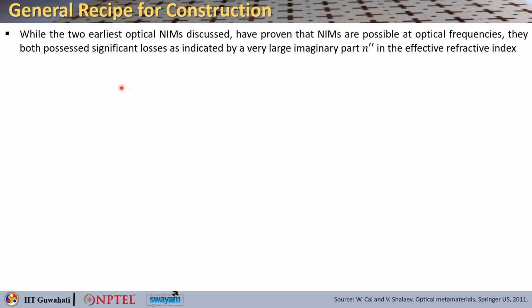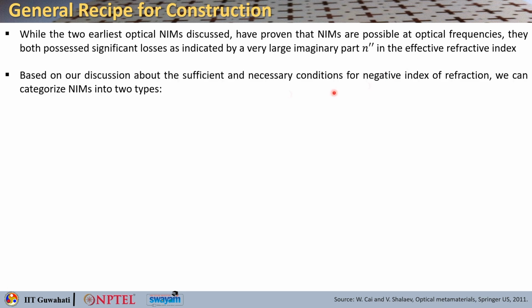So what is the general recipe for fabrication? While the two earliest optical negative index materials discussed have proven that negative index materials are indeed possible at optical frequencies, they both possessed significant losses, which are indicated by the large imaginary part n double prime that you see in the effective refractive index.